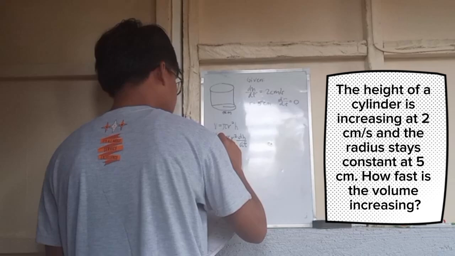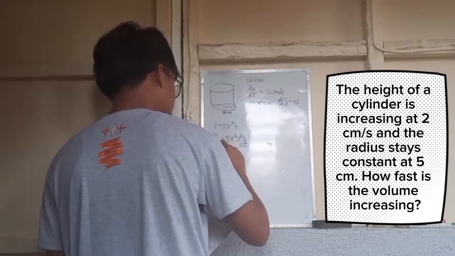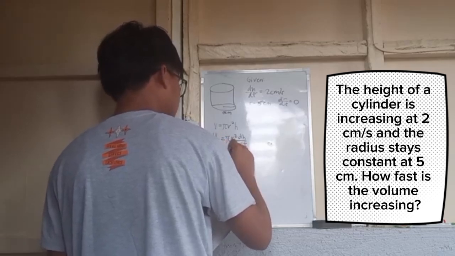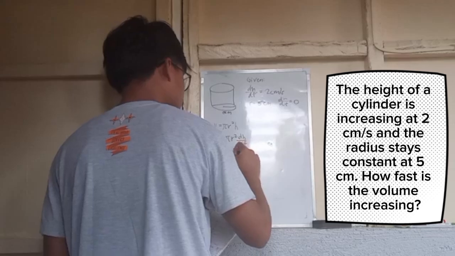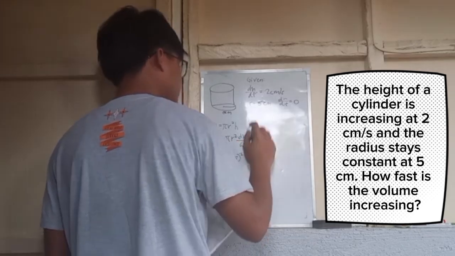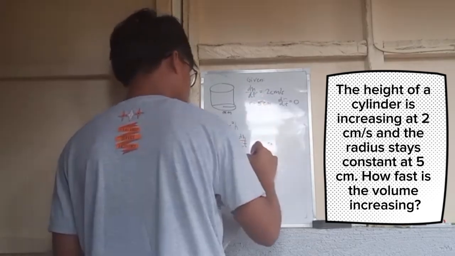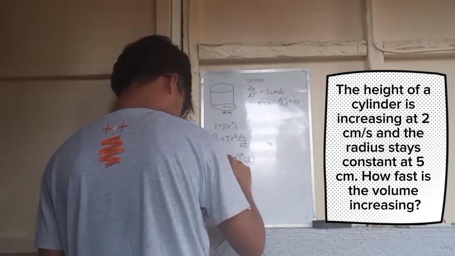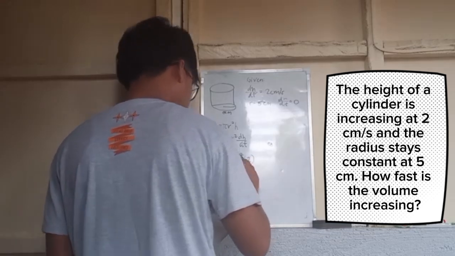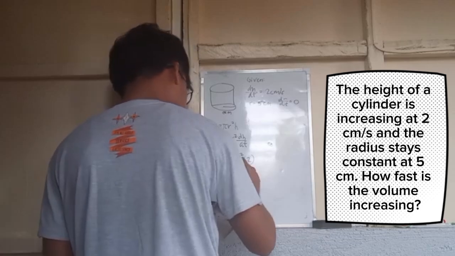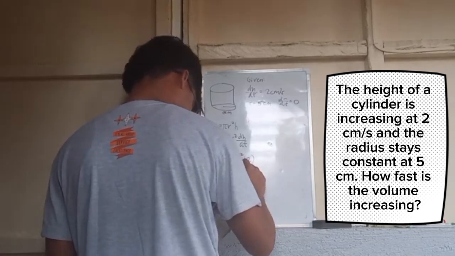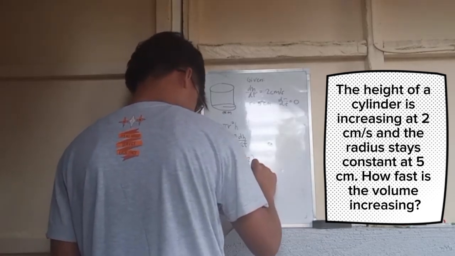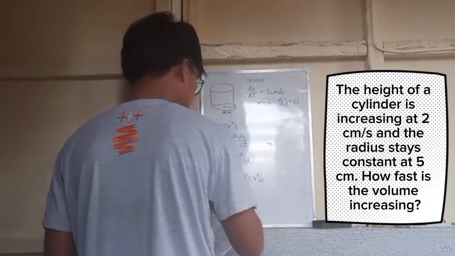So dV over dt, copy, and pi, r is equal to 5 squared, and dH over dt is equal to 2. Then you will come up with the value of 157.08 centimeters cubed per second.